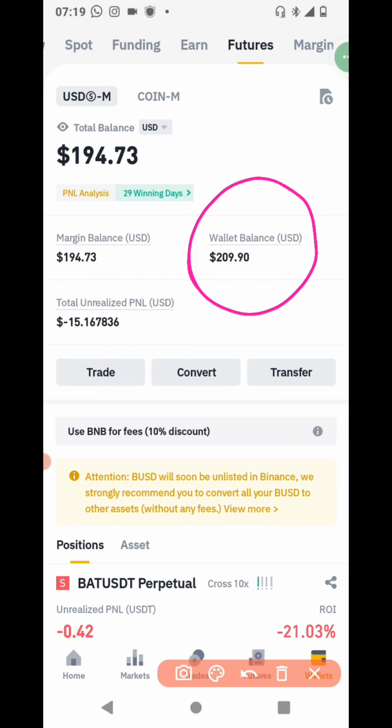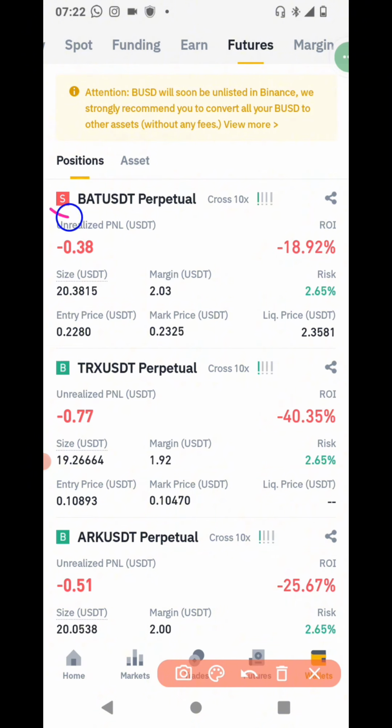It's nothing complex. Now look at these two trades right in front of you. You have the BAT USDT and you have the TRX trade. Let me explain something real quick. Look at this logo S in front of the BAT USDT as against this logo B in front of the TRX.